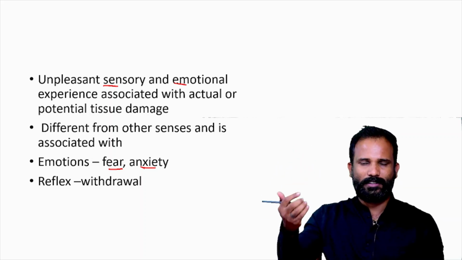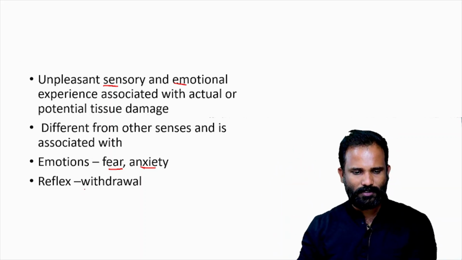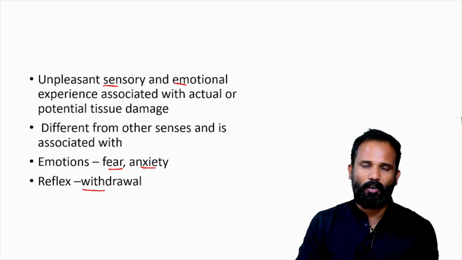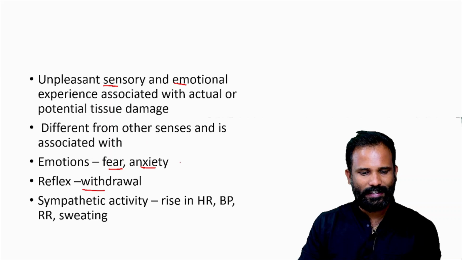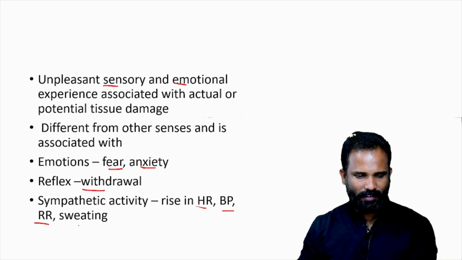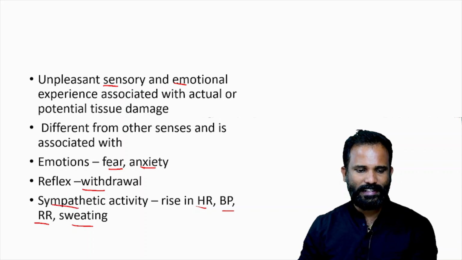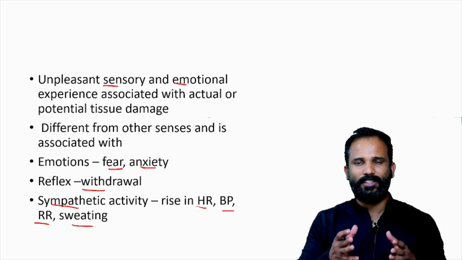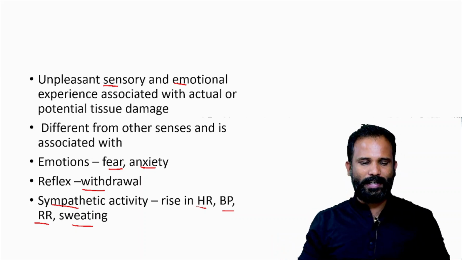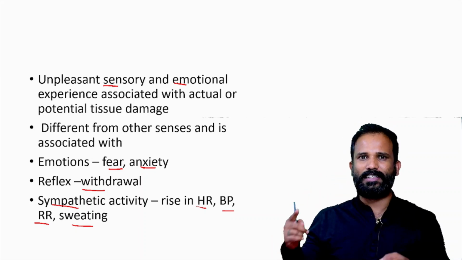That is called a flexor response or withdrawal reflex, and it is also associated with autonomic symptoms like a rise in heart rate, BP, respiratory rate, and sweating, so increased sympathetic activity. So pain is different from other senses with an affective component, a withdrawal reflex, as well as autonomic responses.